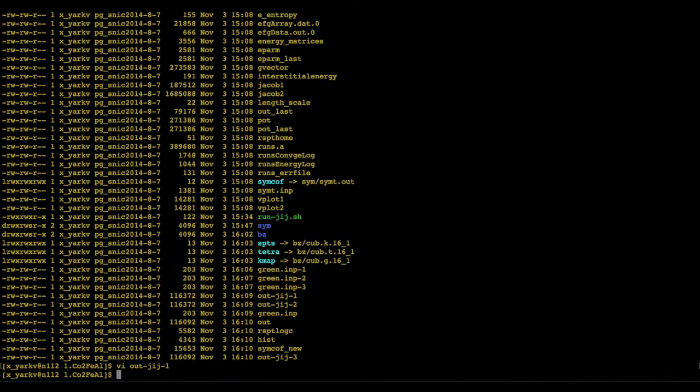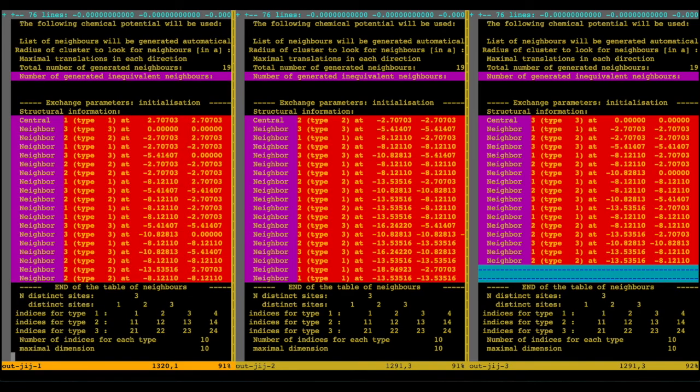What we can do now is to have a look at all three files at the same time. So the first two correspond to cobalt-1 and cobalt-2 atoms, and the third one calculates the exchange interaction of iron atom with all its neighbors. So it makes sense that it's a little different.